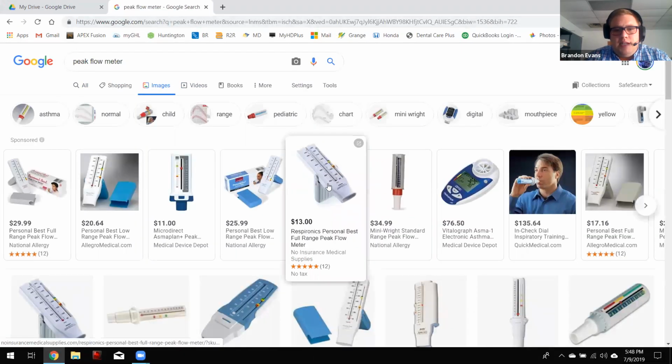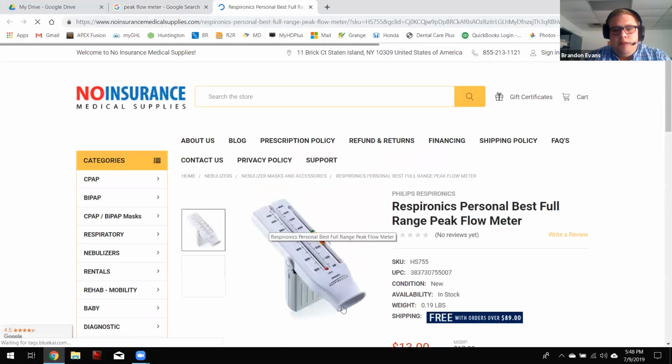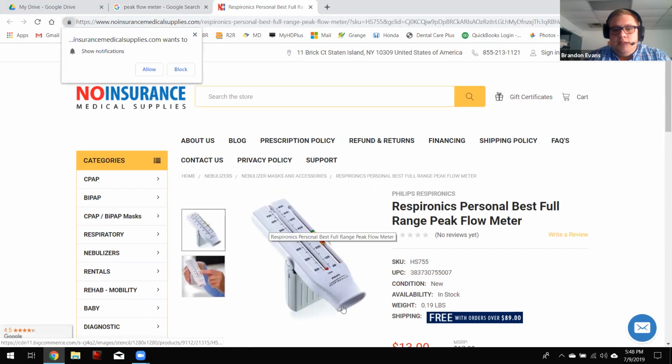Normally what we use in the hospital is something similar to this. They'll take a nice big deep breath in, and they'll blow out as hard as they can. And what this does is it monitors their flows, their liters per minute, of how much flow they can blow.